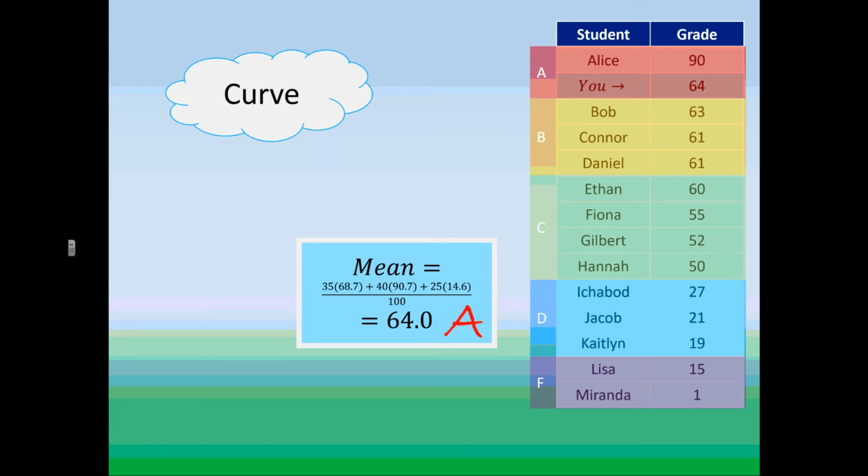This happens a lot in places like law schools or med schools because they don't care if you know the material. They care who is the best. They care who is the best doctor, not if that's a good doctor. I mean, clearly, you only know 64% of the material.